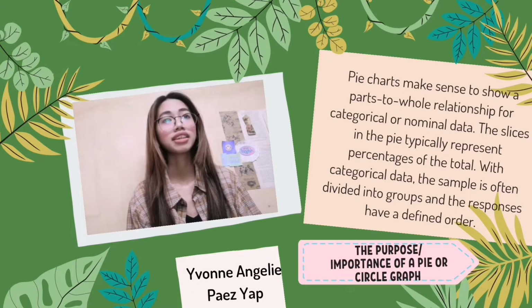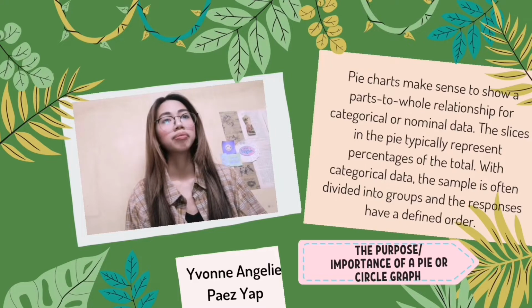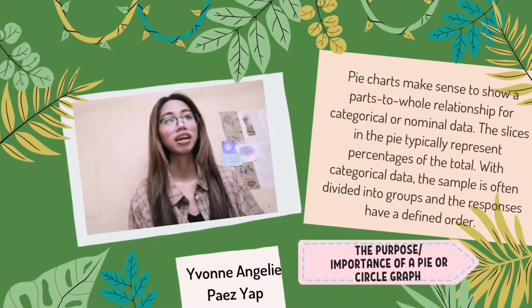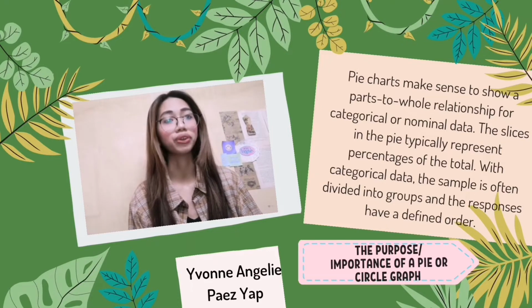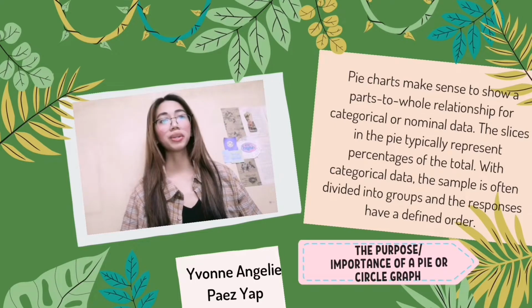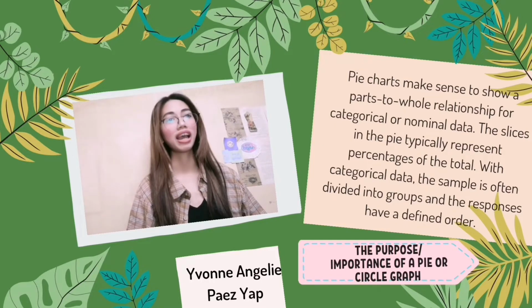The slices in the pie typically represent percentages of the total. With categorical data, the sample is often divided into groups, and responses have been defined in a defined order. That would be all on the purpose and importance of a pie chart or a circle graph. I will be giving the floor to the next reporter.